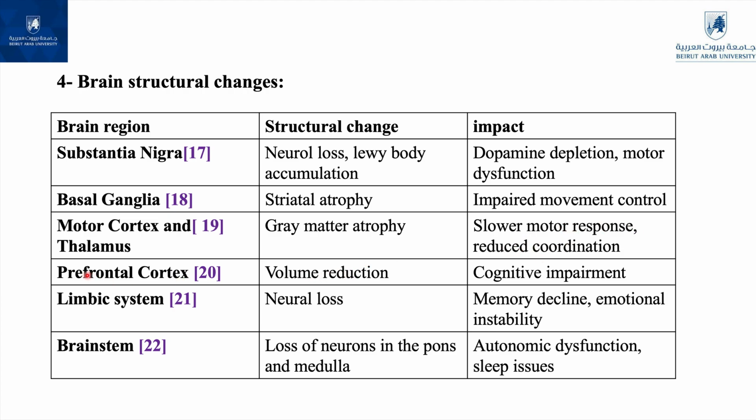The volume reduction of the prefrontal cortex shows cognitive impairment. Additionally, the neural loss in the limbic system leads to memory decline and emotional instability. Finally, the loss of neurons in the pons and medulla oblongata can lead to autonomic dysfunction and sleep issues.